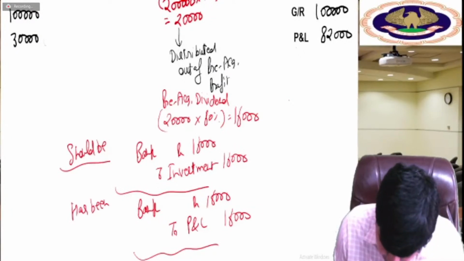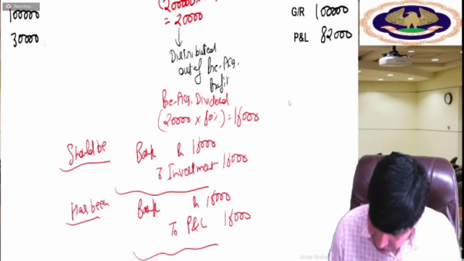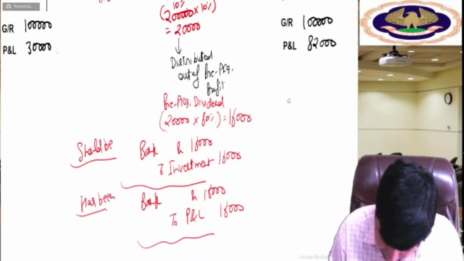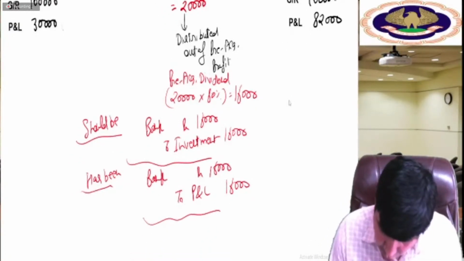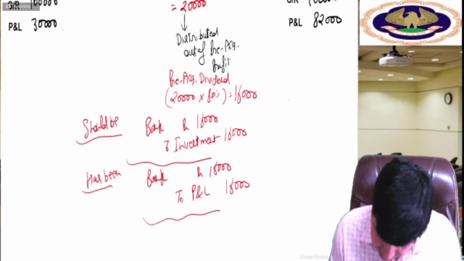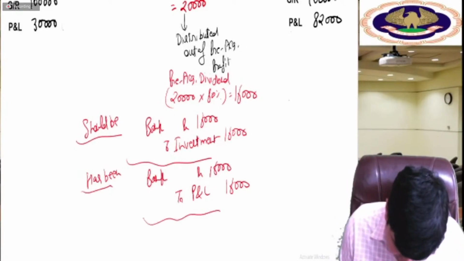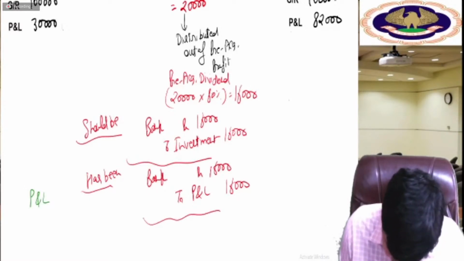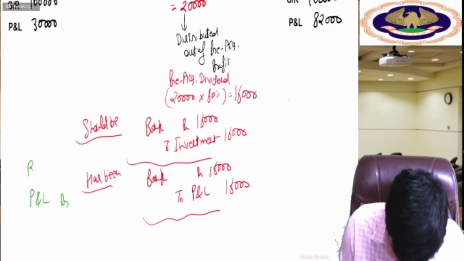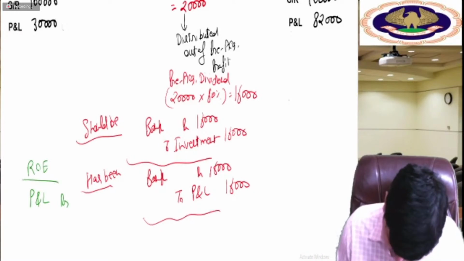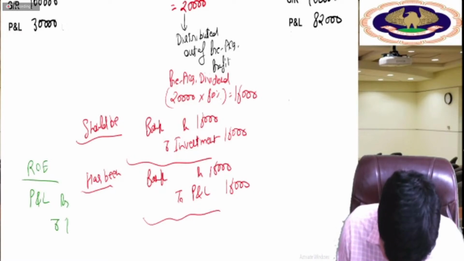The accountant of the holding company has shifted the figure to P&L. So how can we rectify? See, there is no mistake in the bank account. Beta, we can rectify by debiting the P&L. This is the rectification of error entry: P&L to investment. Okay, beta.